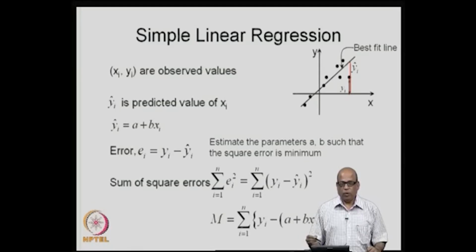If you have more independent variables, let us say y depends on x1, x2, x3 and so on. For example, runoff is y and it depends on rainfall x1, on the temperature x2, on the catchment slope x3 and so on.